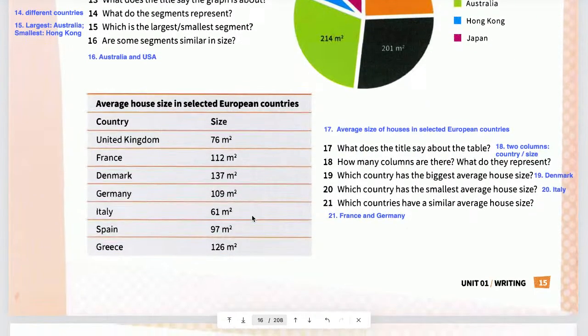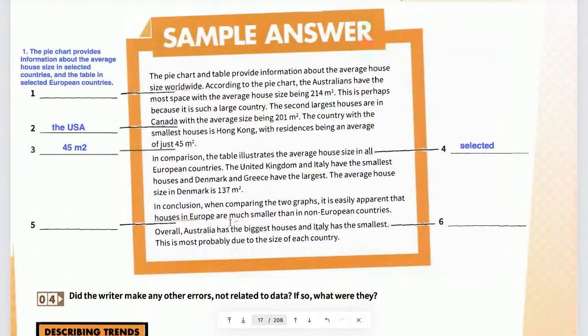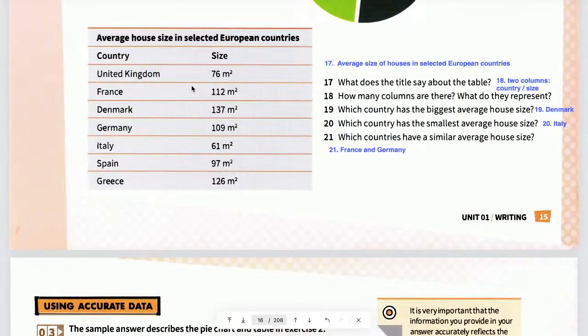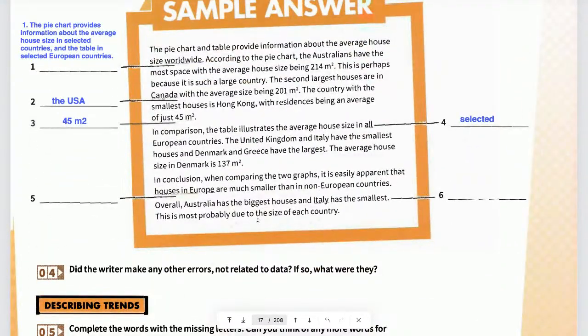So if you just say in general that houses in Europe are much smaller than in non-European countries, it's wrong. So you have to say most houses in Europe, not all houses in Europe. Yes, most of them are smaller, but not all of them.